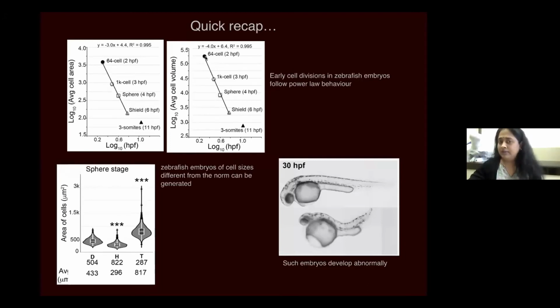It's a very, very nice regimented decrease over time, both in area and volume. We are able to generate zebrafish embryos where the cell collective is differently sized. And from this differently sized cell collective, embryos develop abnormally. So embryos do care what the composition of the size of this cell collective is.